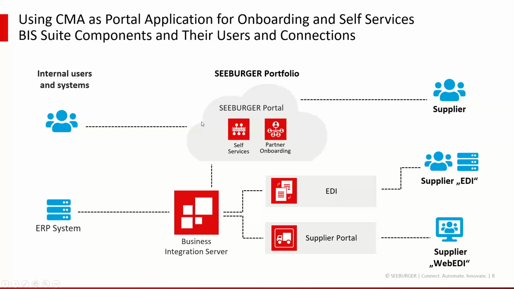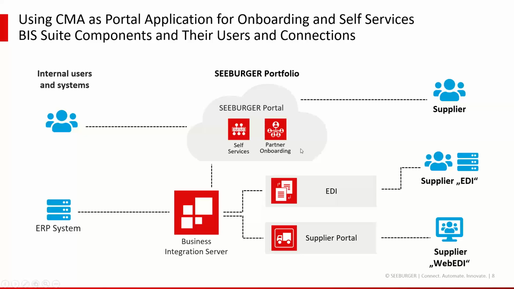So let's say the data from your suppliers will be collected during the onboarding. We want to use this data to configure the processes in the BIS system. So the partner will log on to the portal and select whether they want to use an EDI connection or rather work with a web EDI platform supplier portal.